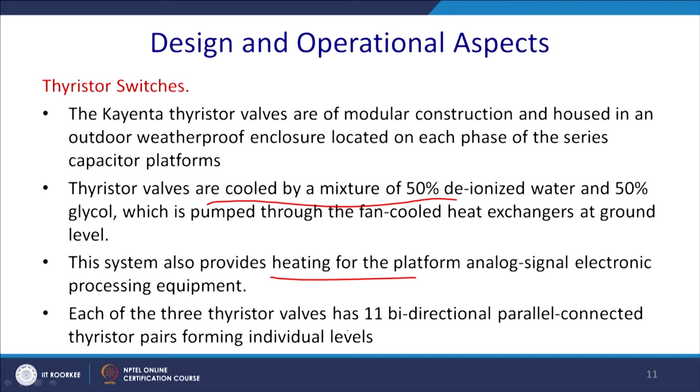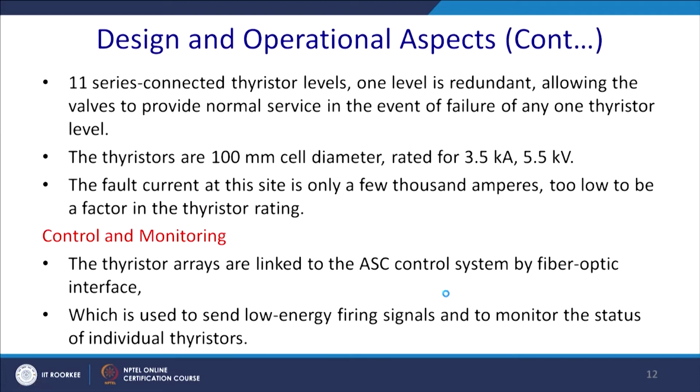Each of the 3 thyristor valves has 11 bidirectional and parallel connected thyristor pairs forming individual levels and having a current handling capability of 100 ampere each, that makes it basically the 1000 ampere. So, 11 series connected thyristor levels. This was actually put into operation in 92, so this is one of the oldest FACTS devices.